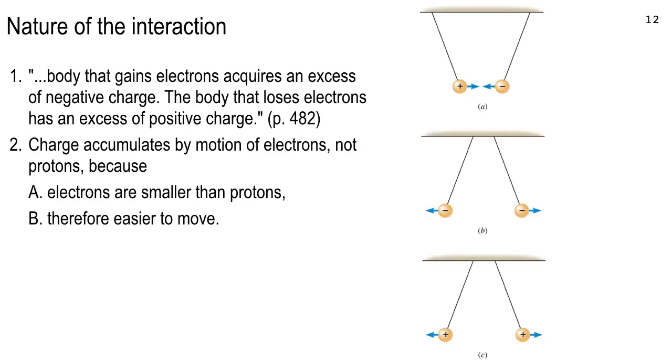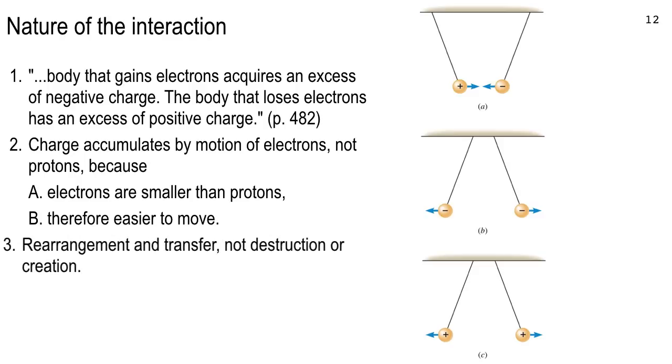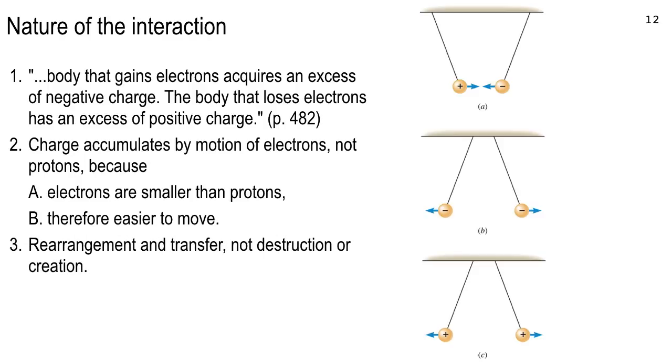Now, when you're ionizing something or charging something, you're not destroying or creating electric charge. You're just rearranging it. So if you make something net positive, basically you've got some positive ions. You've stripped some electrons out of a few of the atoms, usually near the surface of it.